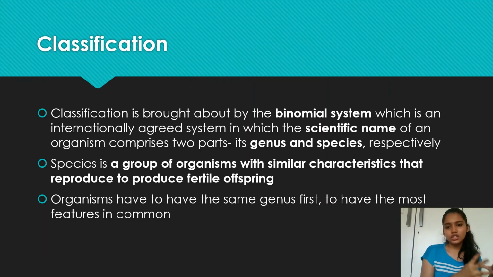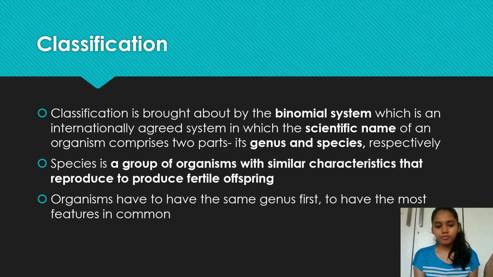So internationally agreed system, scientific name of organism, two parts, genus and species. Always mention them in that order, genus and species. If you're unsure of which order it is, just remember alphabetically G comes first and S comes next. So it's genus and species. G for genus, S for species. So if you remember the definition, 2-3 marks, you get them.